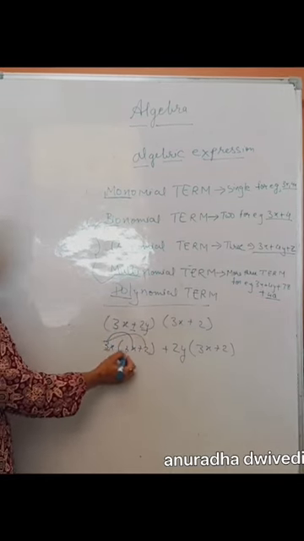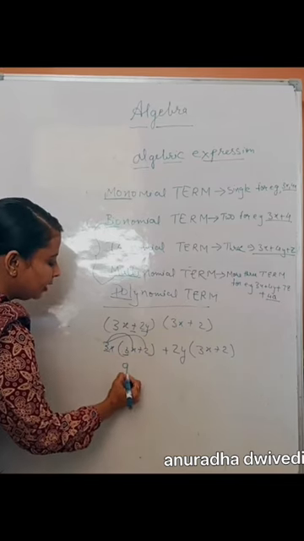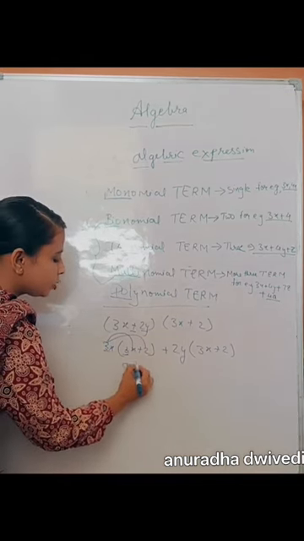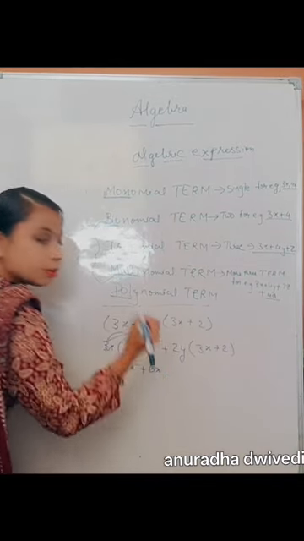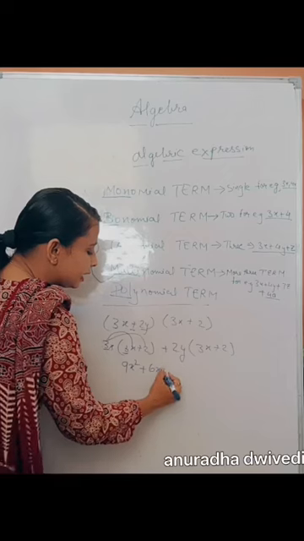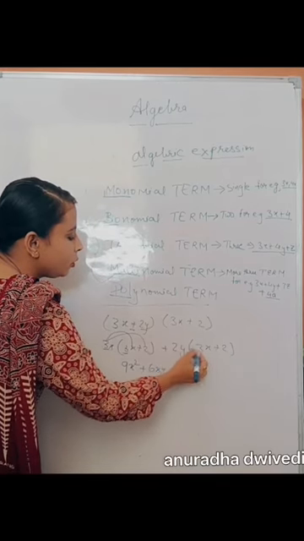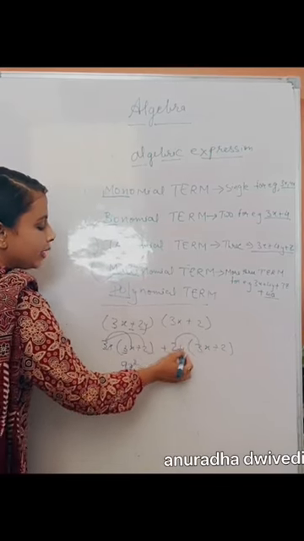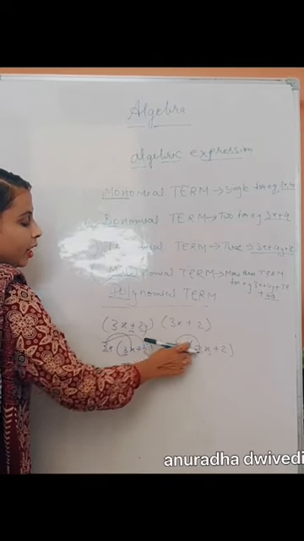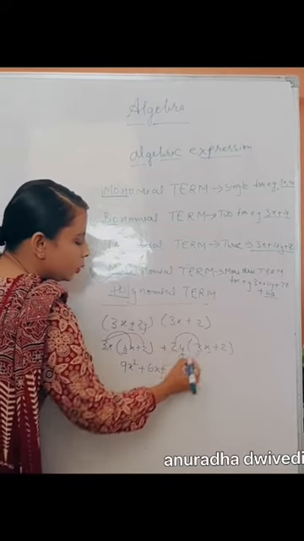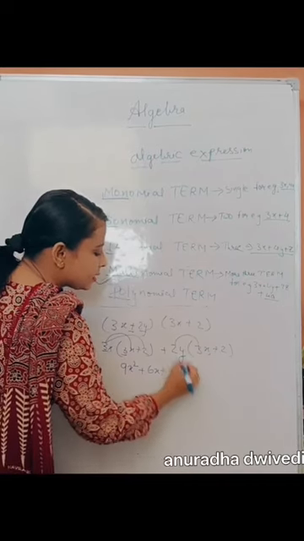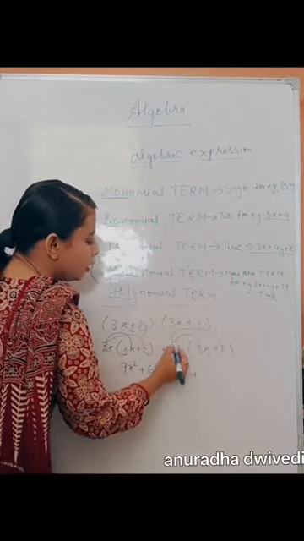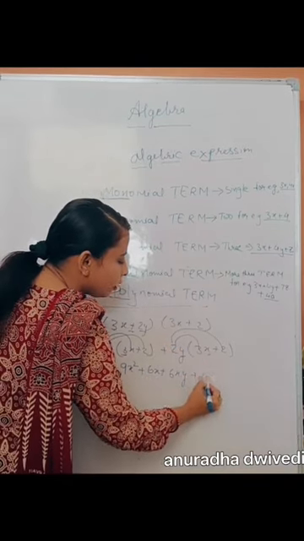3x multiplied by 3x is 9x into x, 9x square, plus 3 into 2, 6x, plus 2y, 2 multiplied by 3. But the variables are different, so we multiply the numbers. 2 3s are 6xy plus 2 4y.